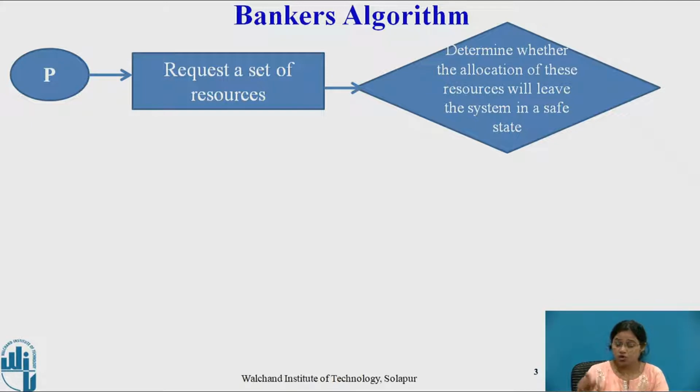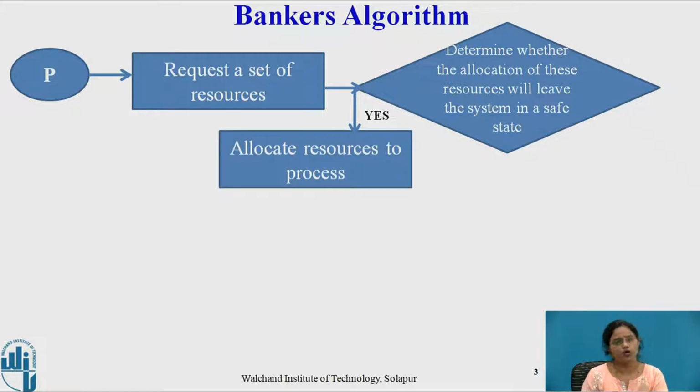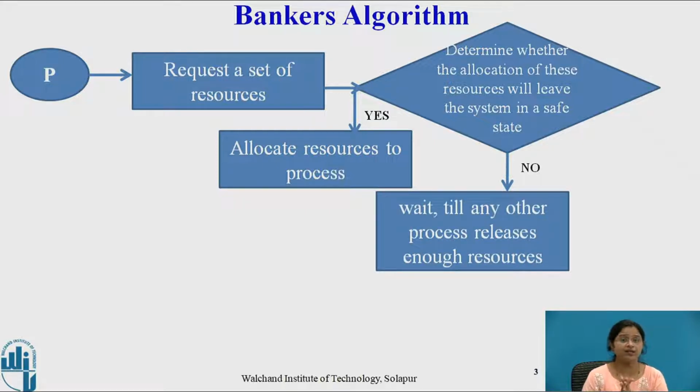If it finds that after allocation the system will be in a safe state, then it will allocate the requested resources to the process. But if not, then the process has to wait till some other process releases enough resources.